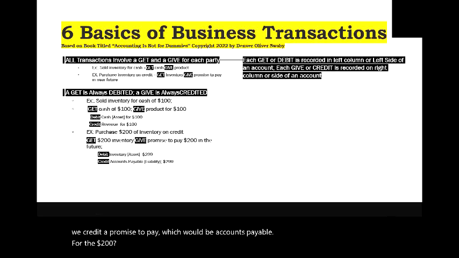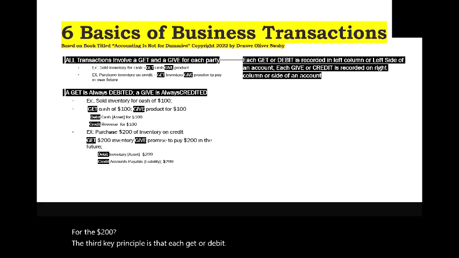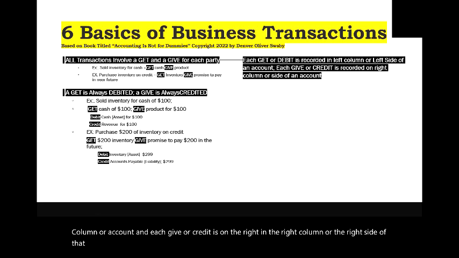The third key principle is that each get or debit is recorded in the left column or account, and each give or credit is on the right side of that particular account.